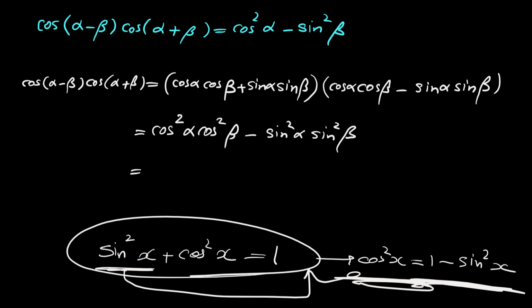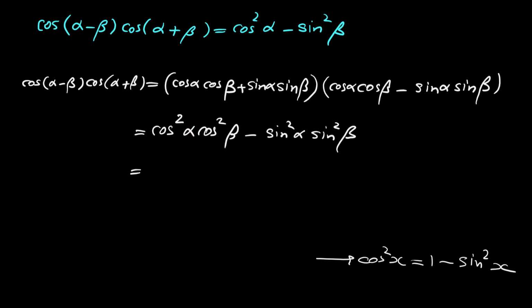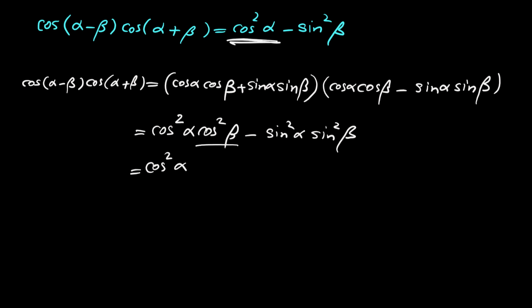Here, I want to replace this cosine to the 2 beta with 1 minus sine to the 2 beta. So we leave the cosine to the 2 alpha here, because on the other side we have this, and I want to substitute this with 1 minus sine to the 2 beta. Maybe you wonder why this substitution works.